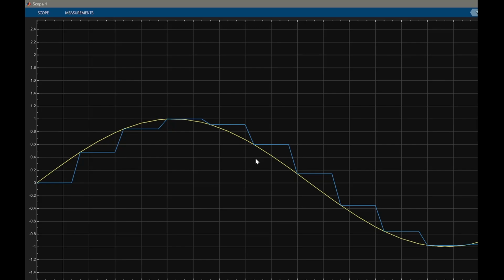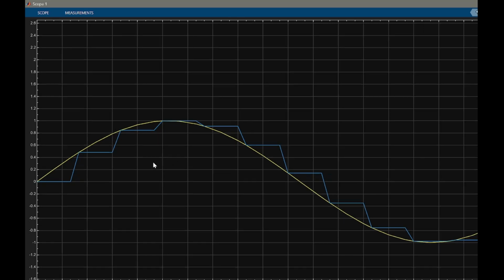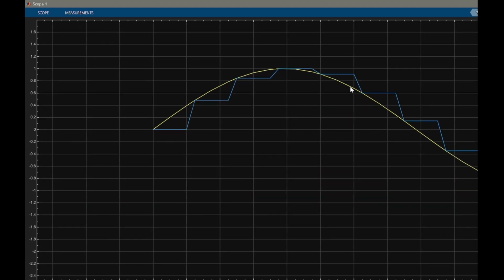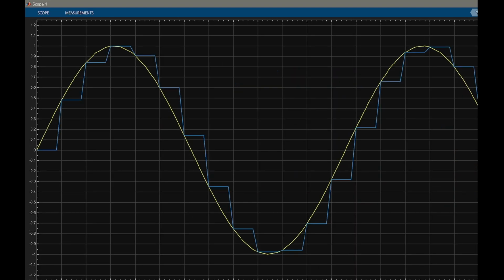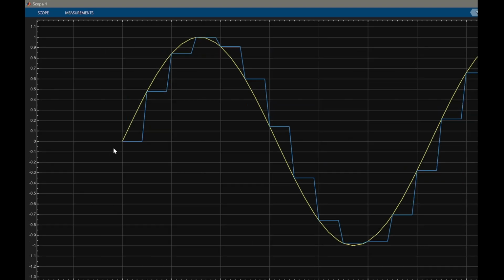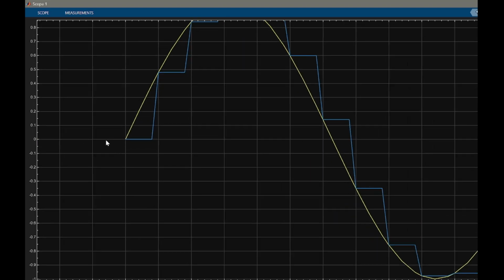So to summarize model 1, the zero order hold samples the signal at fixed intervals and holds each sample value constant until the next sample arrives. This results in a staircase approximation of the original signal. It simply says, okay, at time 0 your value is 0 and it holds the value until 0.5 hits.